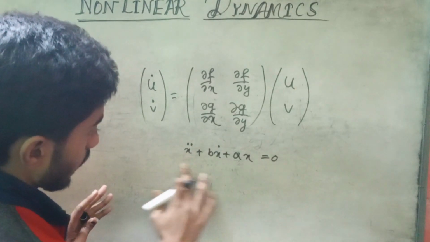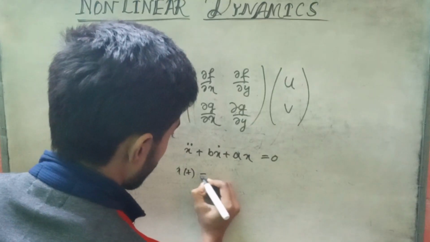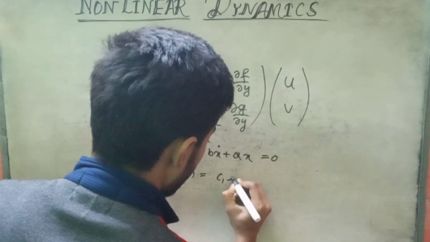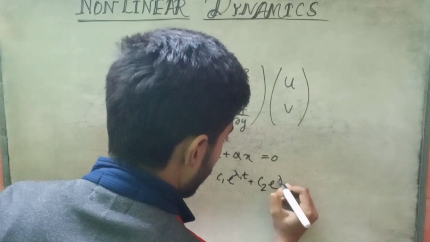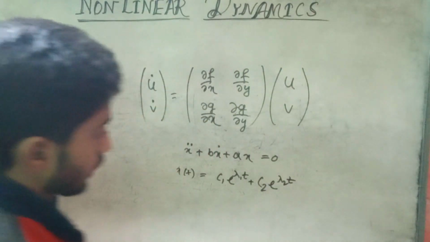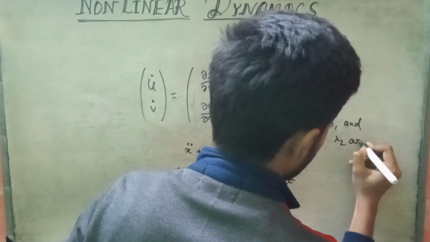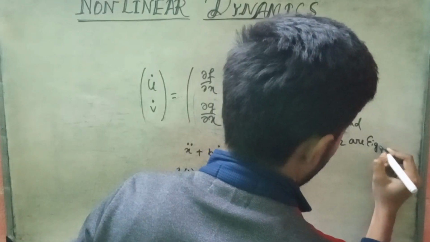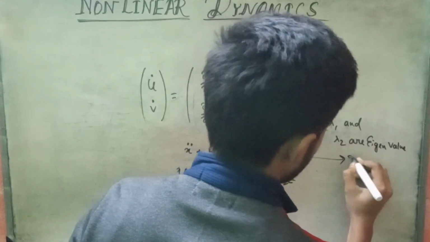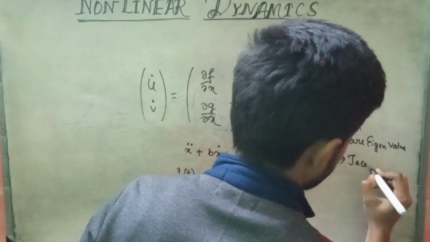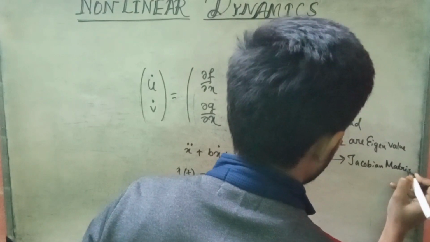So we can write its solution as x(t) equals c1 e to the power lambda 1 t plus c2 e to the power lambda 2 t, right? So here lambda 1 and lambda 2 are eigenvalues of this Jacobian matrix, right?